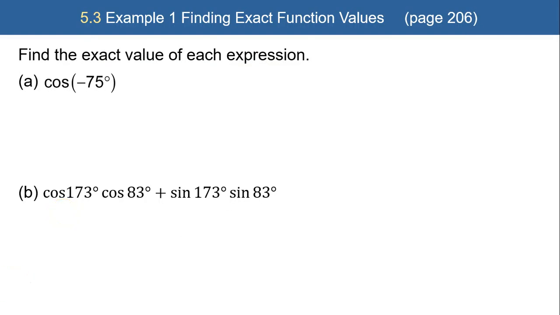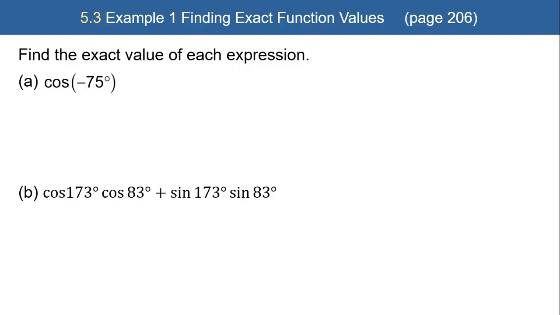So before we get into using those new identities, like I said before, we're going to be using those identities to find exact values of expressions. Previously, we have found exact values that dealt with angles that had something to do with 30, 45, or 60-degree angles, or their coterminal angles that equal those amounts, or their reference angles that equal 30, 45, or 60 degrees.